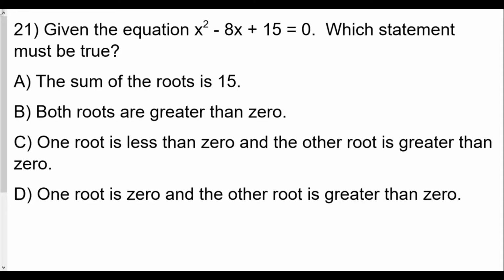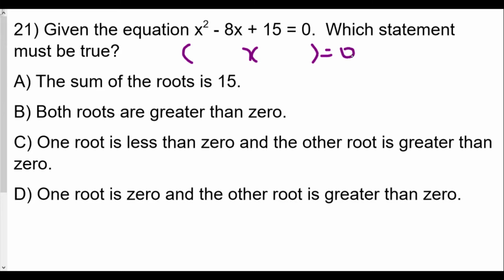Number 21. Given the equation x squared minus ax plus 15 equals 0, which statement must be true? So we see that there are things talking about the roots. So let's find the roots, or really, we can factor this. Two numbers that multiply to 15 and add to -8.